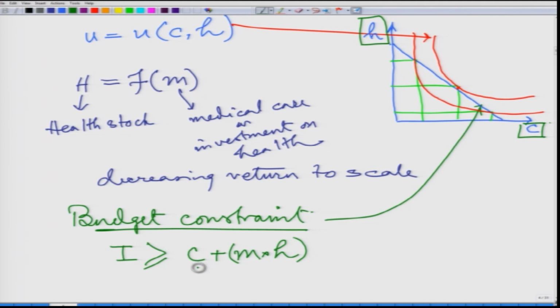So consumption of other goods plus expenditure on medical care should be less than or equal to I. I is my total income or total budget constraint.